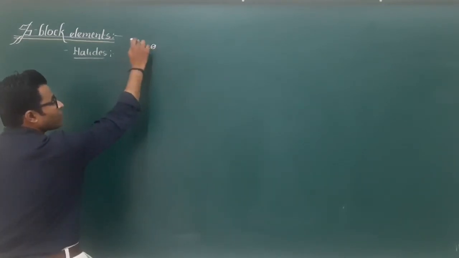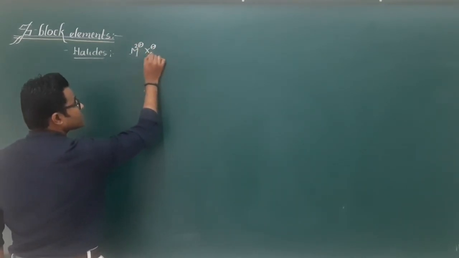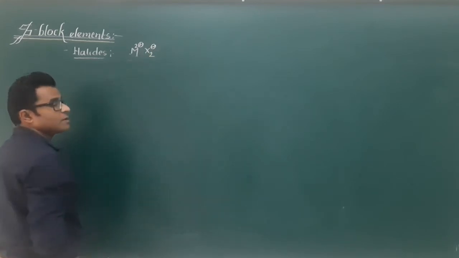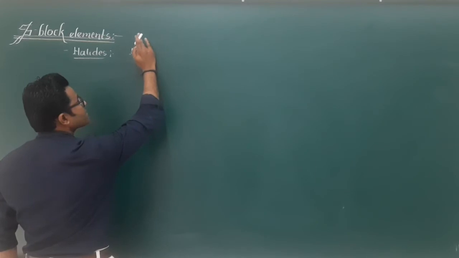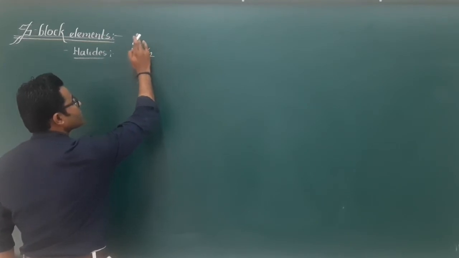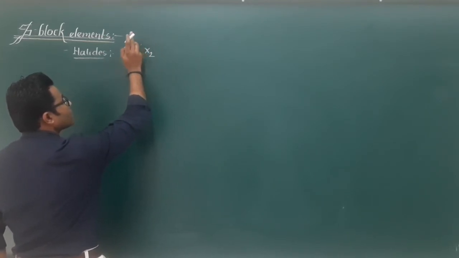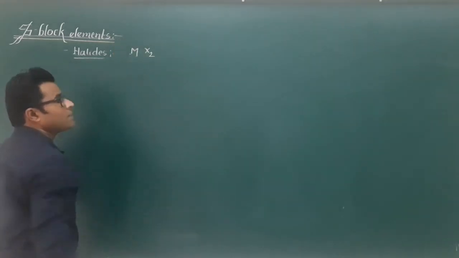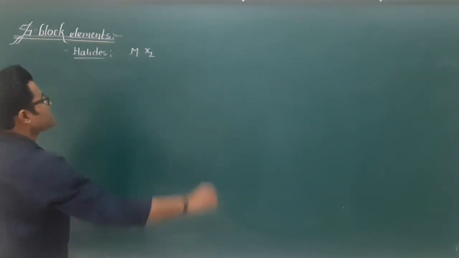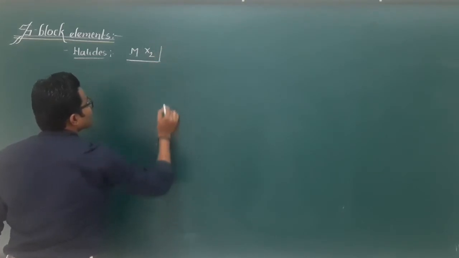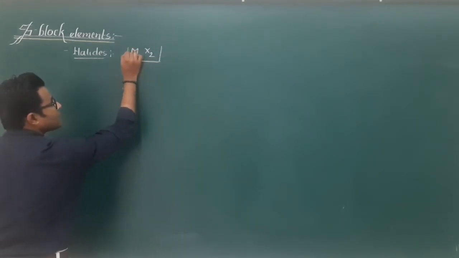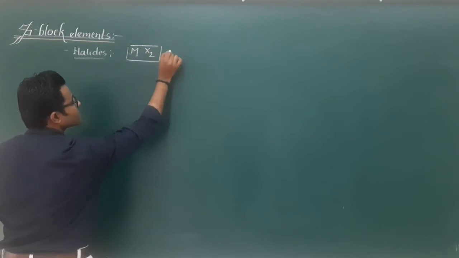As it is in the form of +2, we require 2 halogens in combination. Therefore, we represent it as MX2. So MX2 compounds are nothing more than your alkaline earth metal halides.